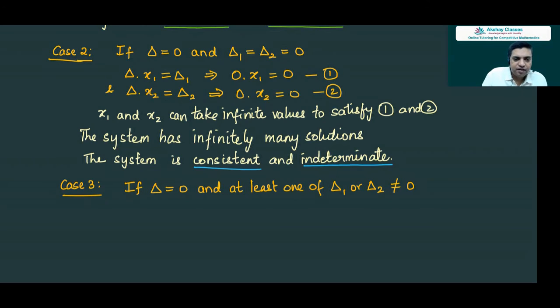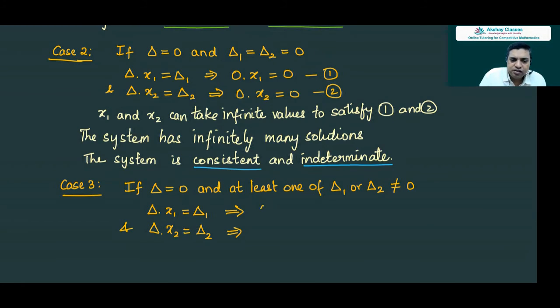We have delta into x1 is delta 1, delta into x2 is equal to delta 2. Let us say in a particular case, delta 1 and delta 2 both are not zeros.